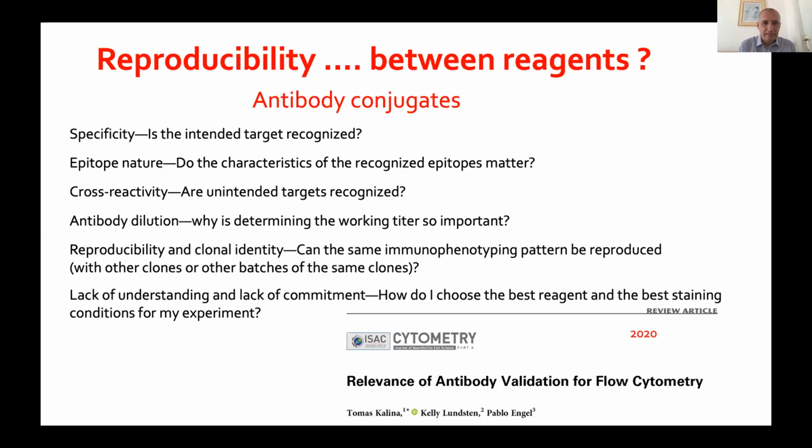So specificity is a term that specifies whether the intended target of that antibody is in fact recognized. Epitope nature is a characteristic of the protein, typically protein that we detect, and in some it can be changed by different methods of sample prep.